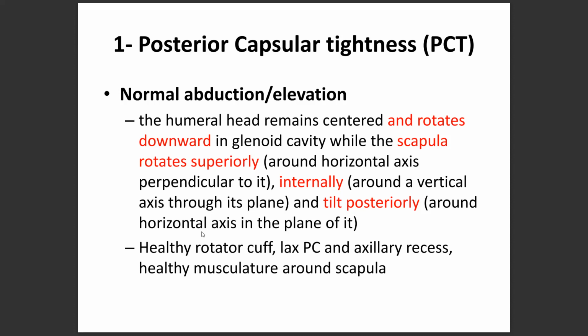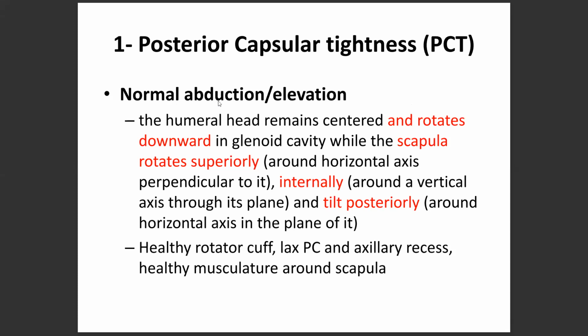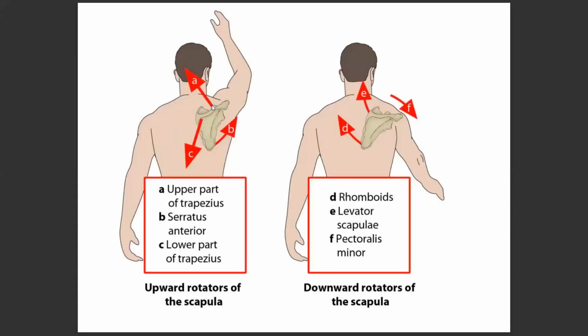The PC means posterior capsule. अब इसमें से अगर पोस्टीरियर कैप्सूल टाइट है या रोटेटर कफ में प्रॉब्लम है या यहाँ की स्कैपुला की जो सराउंडिंग मसल्स हैं, जो अपवर्ड रोटेटर्स हैं, डाउनवर्ड रोटेटर्स हैं, उसमें मसला है, तो इन तमाम सूरतों में एबडक्शन एलिवेशन सही तरीके से नहीं होगा, नॉर्मल नहीं होगा, एंड दैट may lead to further manifestation which may lead to subacromial impingement syndrome.